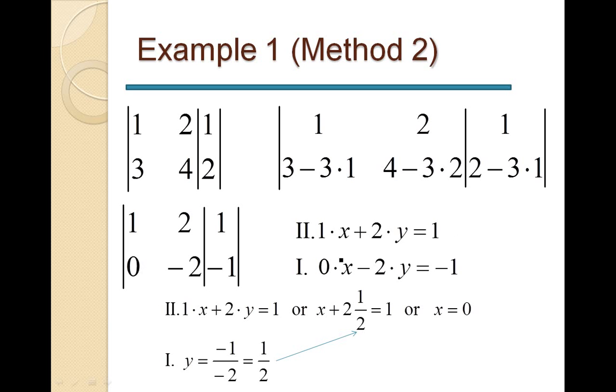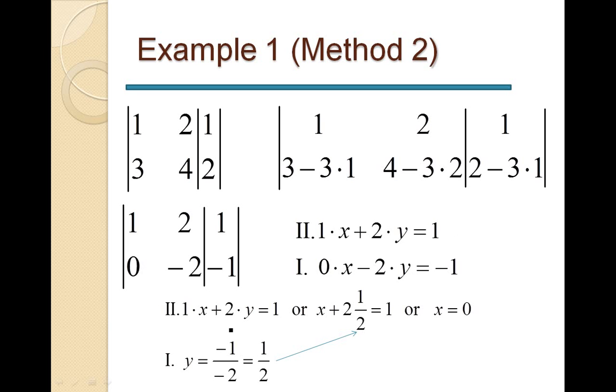So 0 times x will not be important, so this is just eliminated. What we get is minus 2y equals minus 1. I wrote this down here. And if I just divide by minus 2, I will get minus 1 over minus 2, and this will give you 1/2.